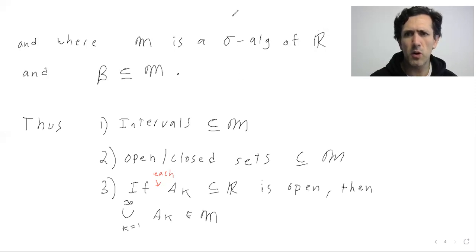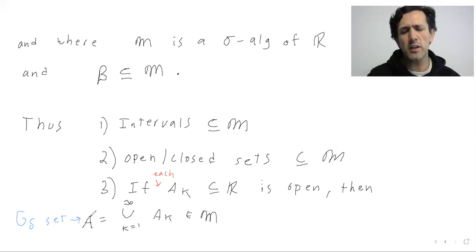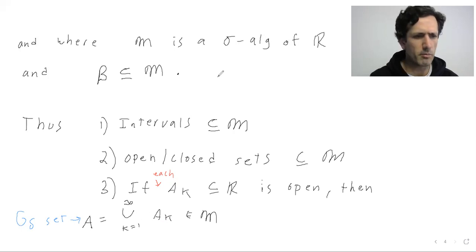Let me call this A. So we have a name for this kind of set. It's a very special set, and the name is a G delta set. A G delta set, by definition, is the countable union. Sorry, I meant the countable intersection.